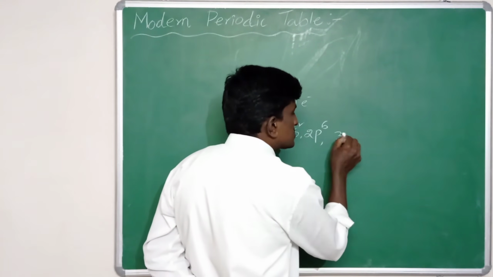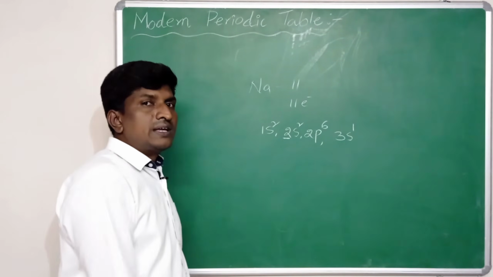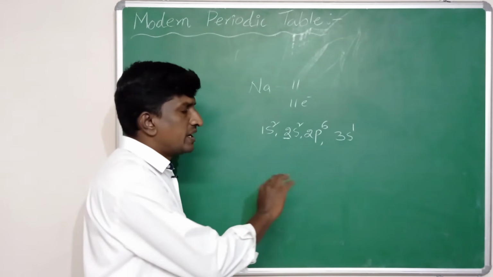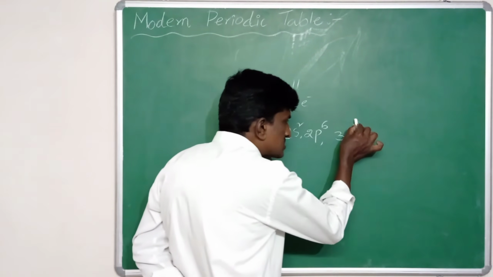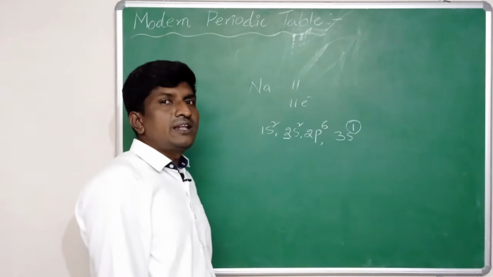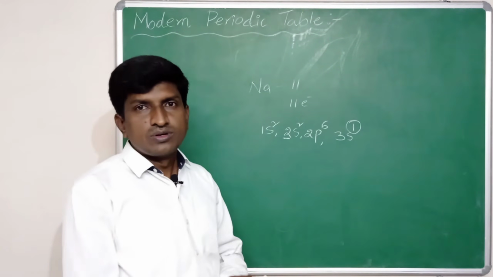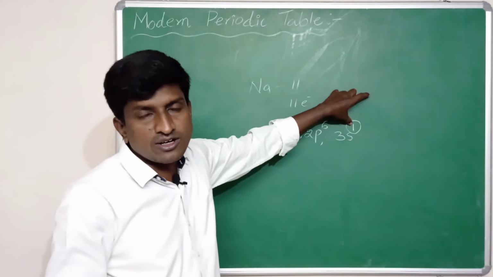So that last electron enters into the s orbital of the third main shell, the M shell. This last electron decides the position of the element in the modern periodic table. So this electron is also called the differentiating electron.